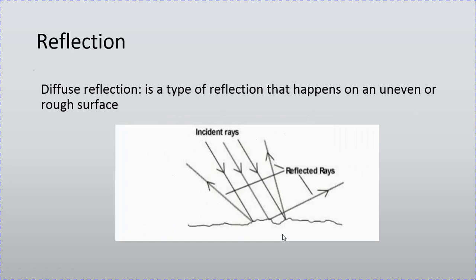Still on reflection, diffuse reflection is a type of reflection that occurs on an uneven or rough surface. As you can see, the surface is not smooth. There's a lot of bumps.